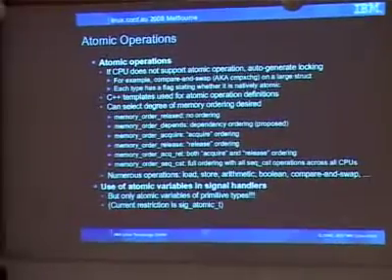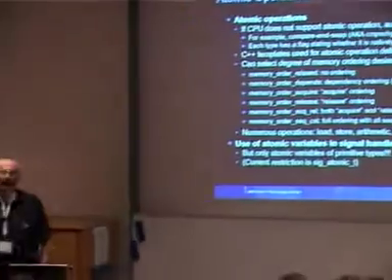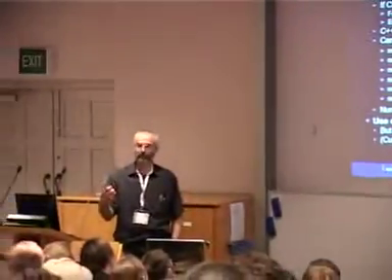But fortunately, they put in a compile time thing that you can query about a type and say, if I do atomics on this, are you really going to generate atomic instructions, or are you going to make a lock for me? So you could check at some point and see whether that data structure on a given architecture is atomically manipulated as opposed to some invented lock somewhere doing it for you.